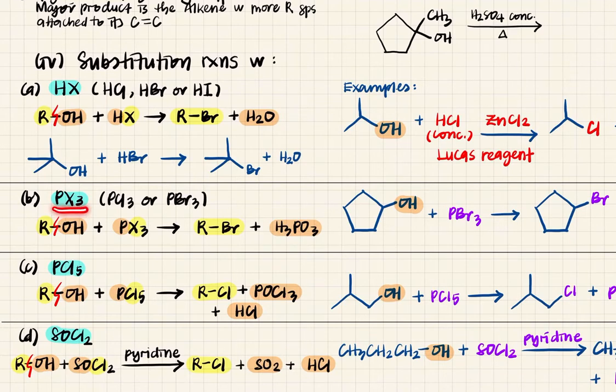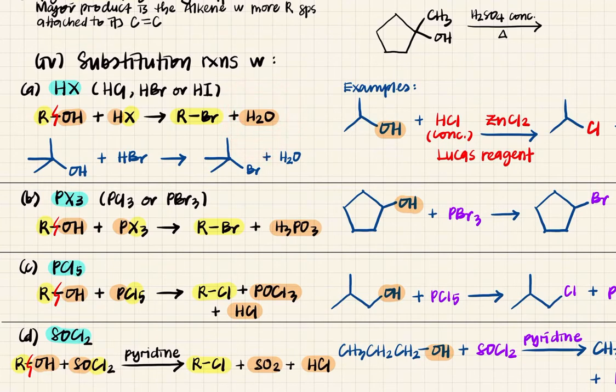Specific haloalkane lah, depending on the reagent. So if you use PX3, where PX3 can be PCl3 or PBr3, sama juga, you will cleave at OH. So you'll gantikan, substitute OH with your X. So in this case, let's say I use PBr3, I will get RBr. Okay, the difference between these reactions is that I get here phosphorous acid. Yang atas tadi, bila I guna HX, I get water as my byproduct.